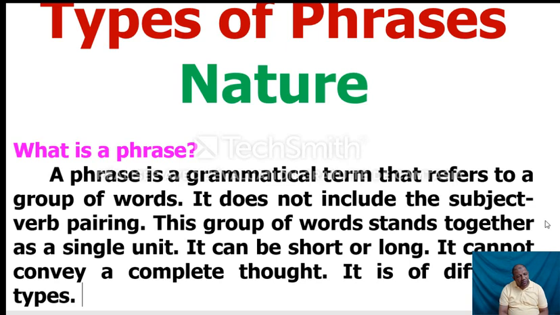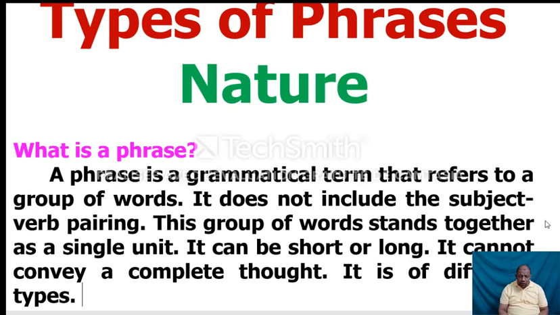So let's start with the question, what is a phrase? A phrase is a grammatical term that refers to a group of words. So, simply put, a phrase is a group of words.